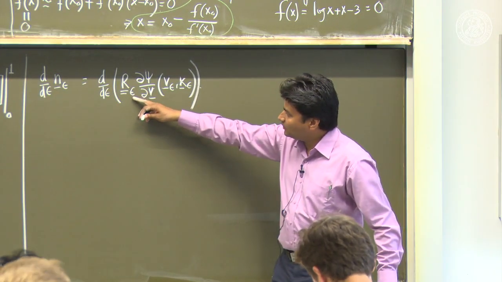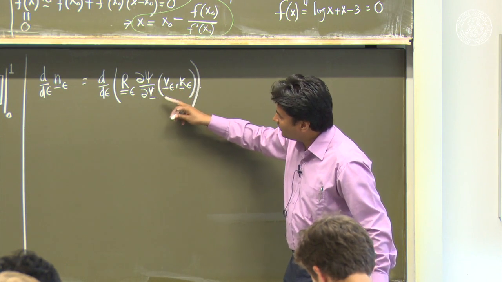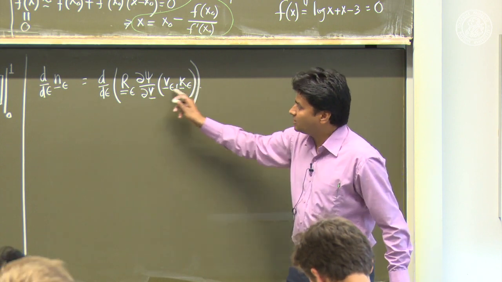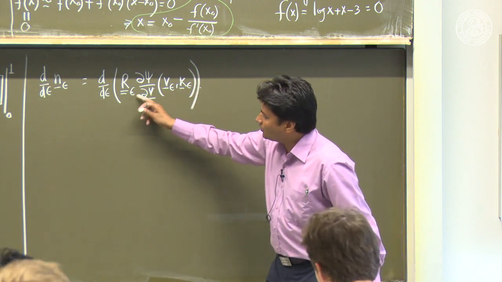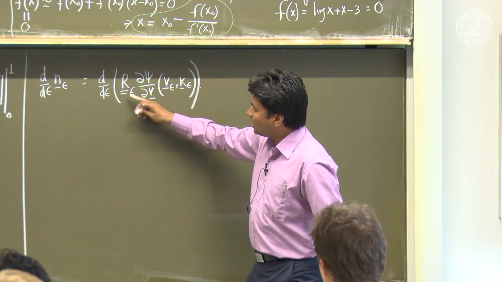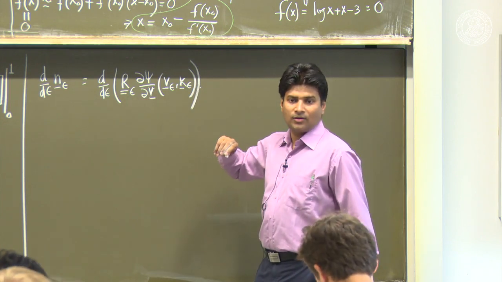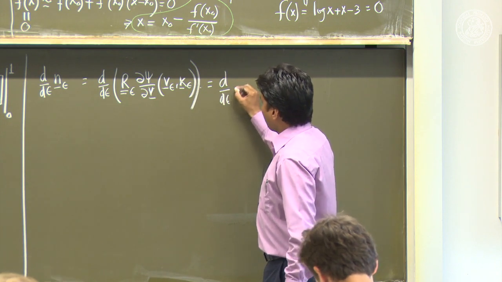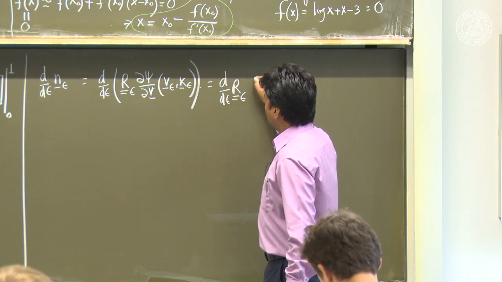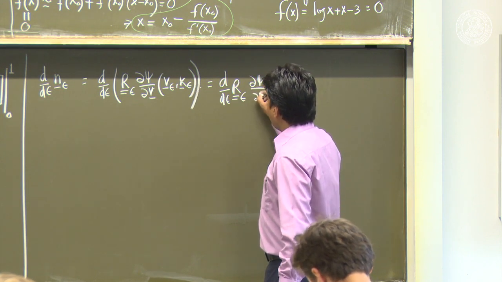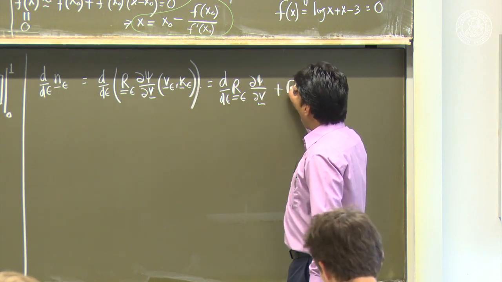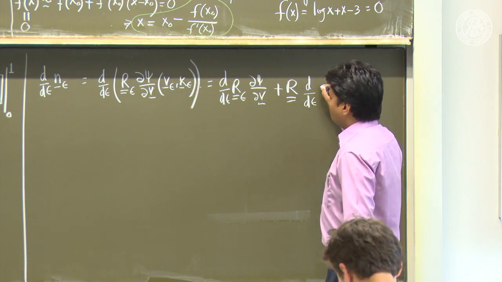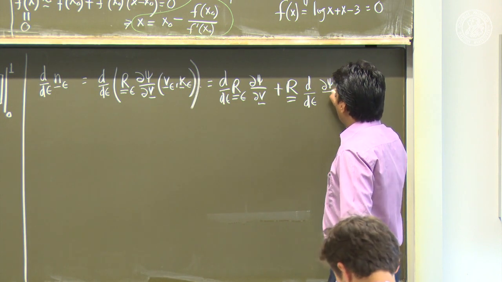So big R at epsilon into del psi by del v at epsilon strains. You see all of them are changing, so here again you use the product rule. So d by d epsilon of big R epsilon times del psi over del v, plus big R times d by d epsilon of del psi over del v.